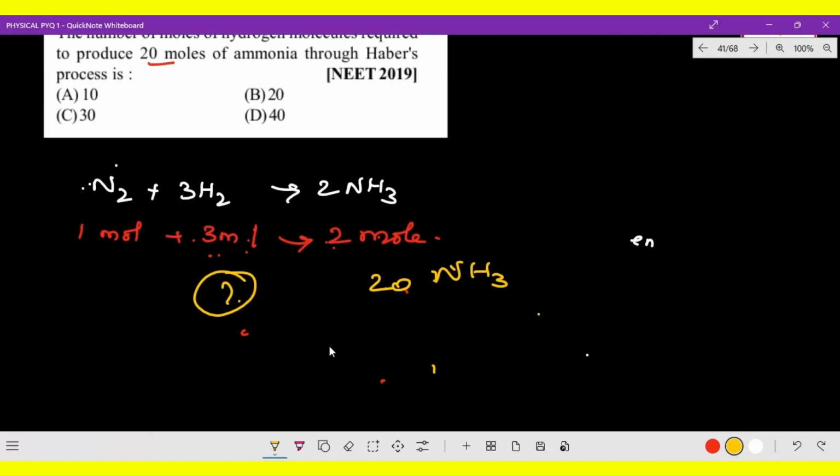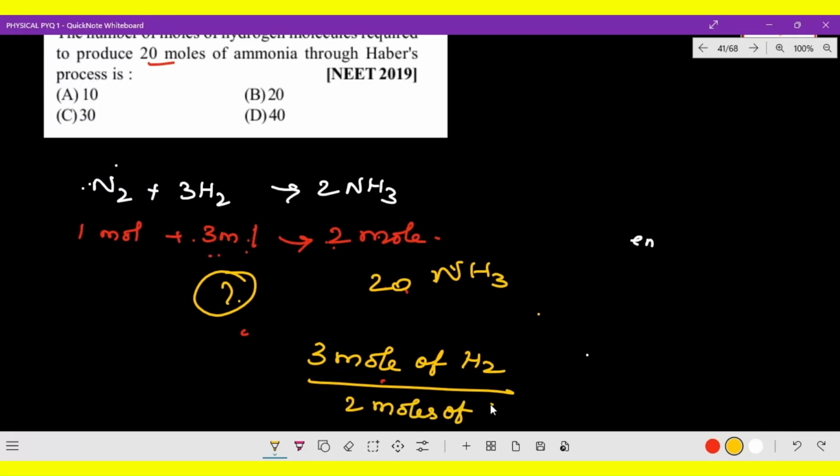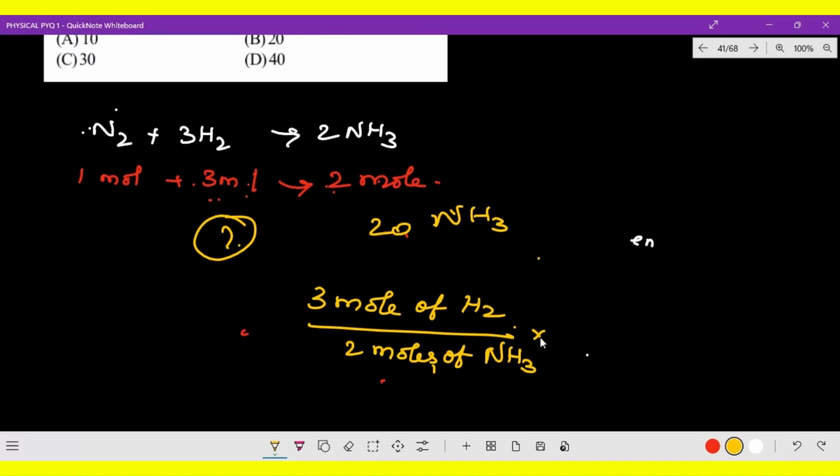This is very simple. 3 moles of hydrogen divided by 2 moles of ammonia, into 20 moles of ammonia. We have to get 20 moles of ammonia, so how many moles of hydrogen are required?